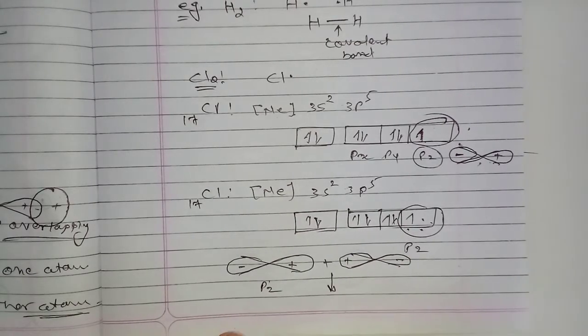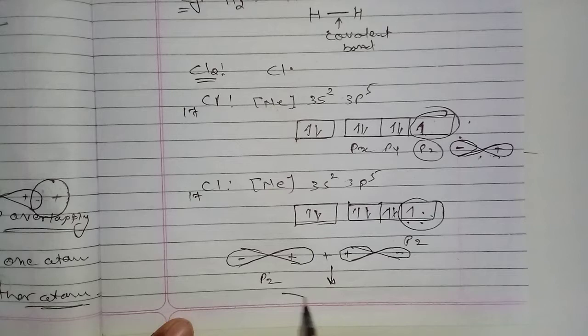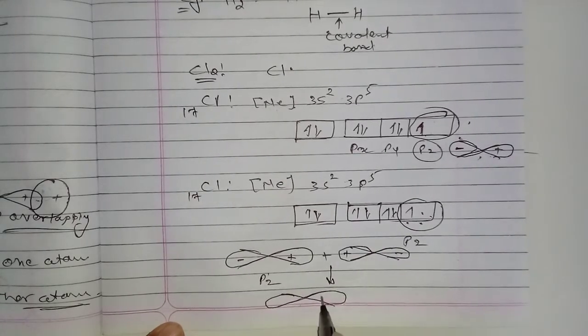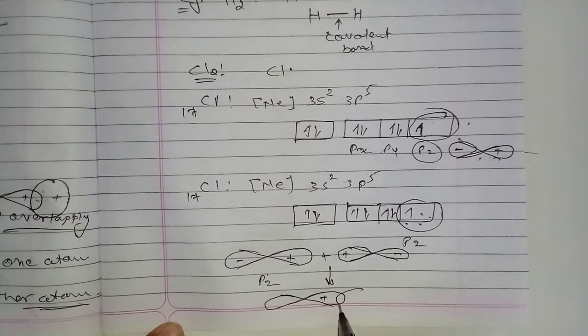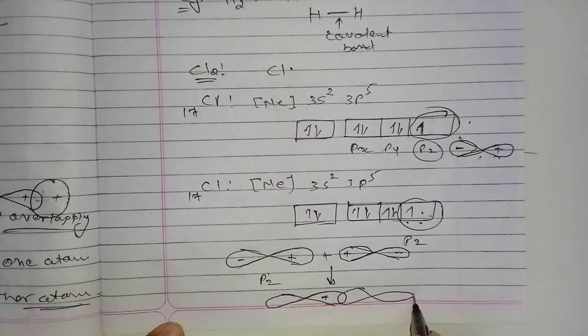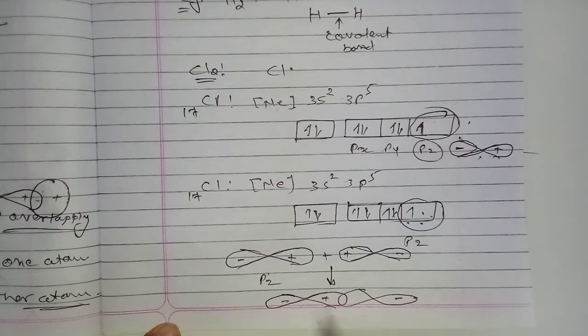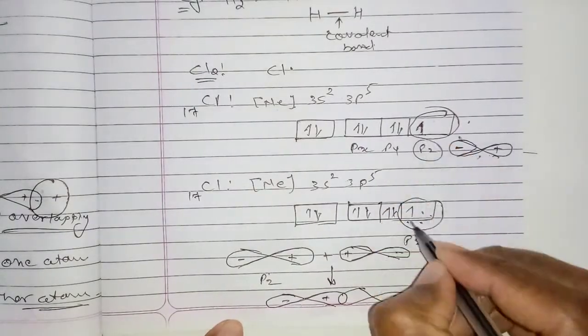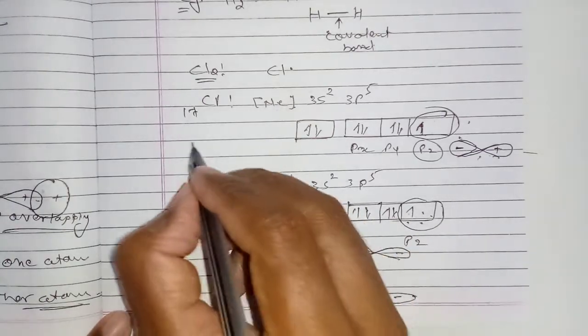By overlapping of these two half-filled orbitals, they share the electron.